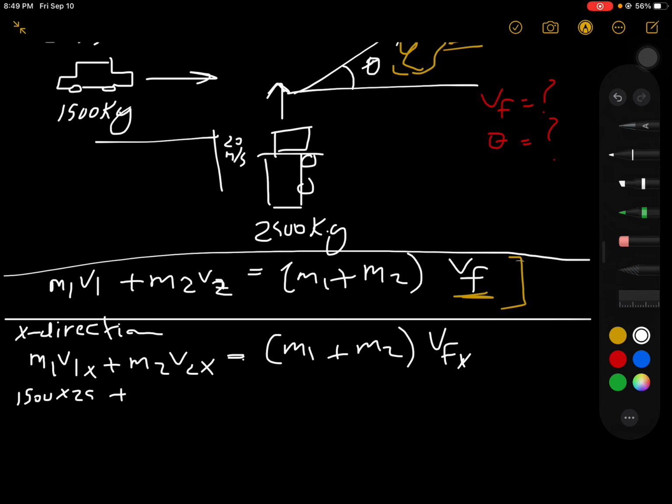For that, v2x will be 0, times anything equals 0, so plus 0 equals m1 1500 plus 2500.